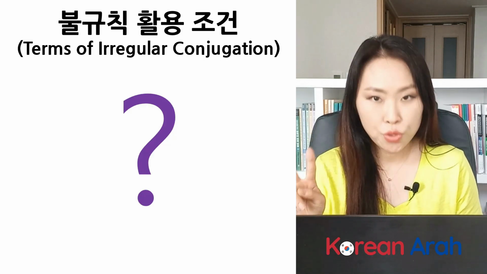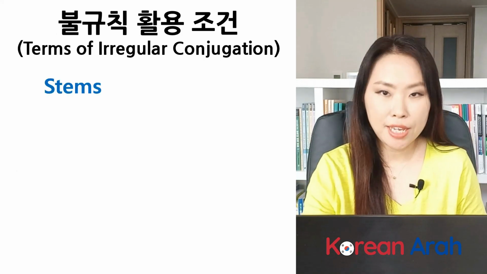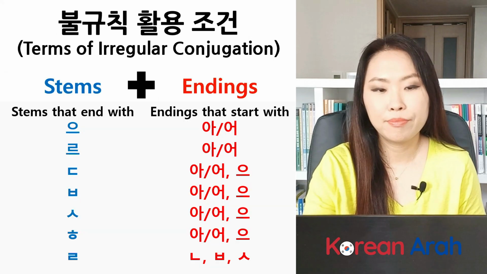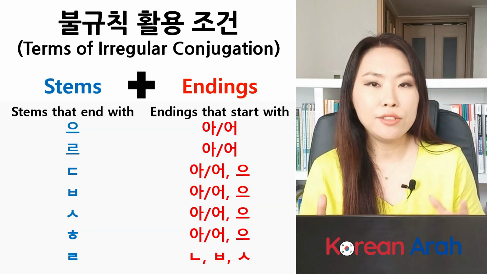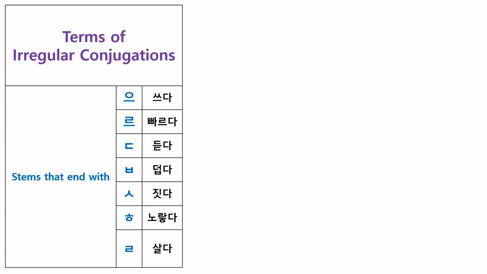You need to check two things. One is certain stems, and the other is certain endings like this. I'll tell you more details about irregular conjugations with the table. Terms of irregular conjugations. Stems that end with 으, 르, 디귿, 비읍, 시옷, 히읗, or 리을.